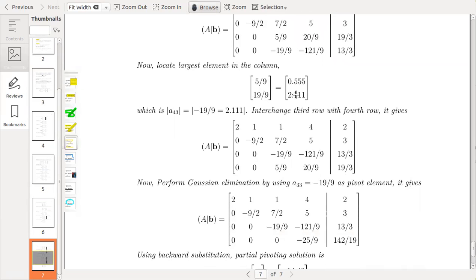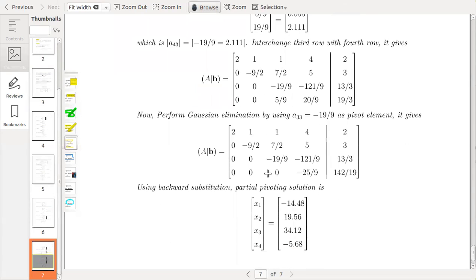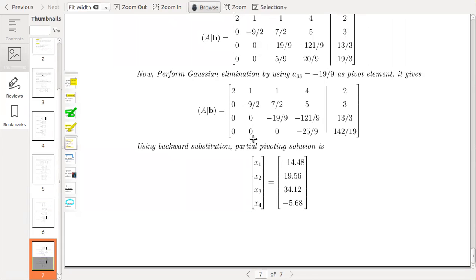Okay, and then minus 19 over 9 becomes the pivot element, and we perform the operation with this pivot element, and this column is also reduced as we desired, and ultimately this matrix is transformed into an upper triangular matrix. So then we obtain the results by the backward substitution method.